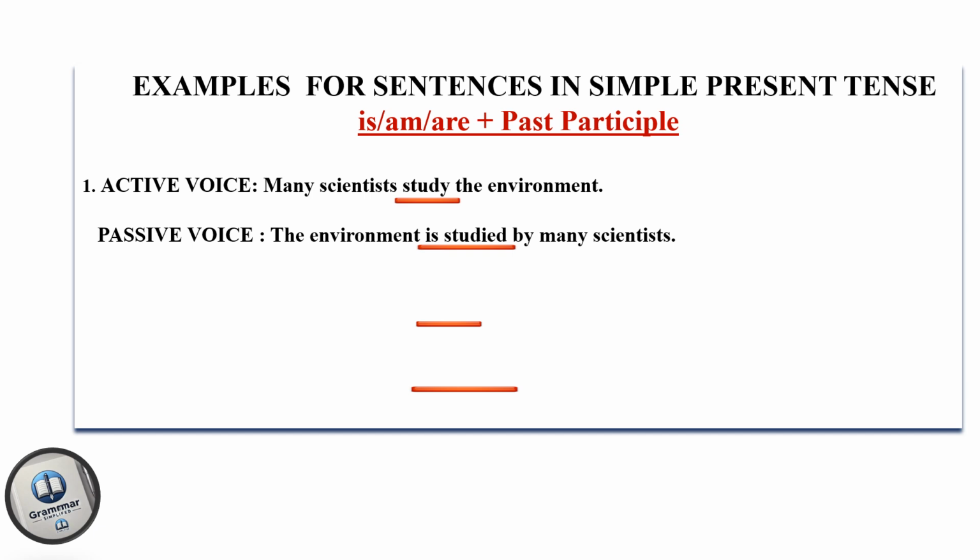Usage of the agent by is very important after the verb. So, your answer is the environment is studied by many scientists. We use is because study is in present tense and the environment is singular.